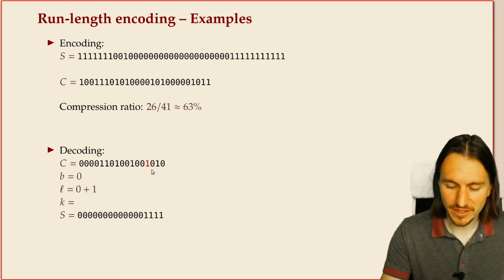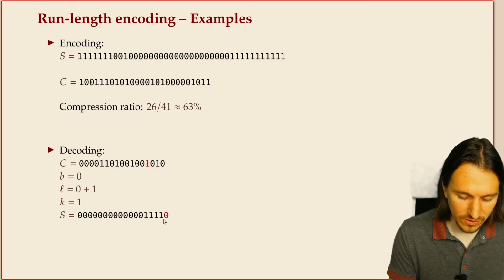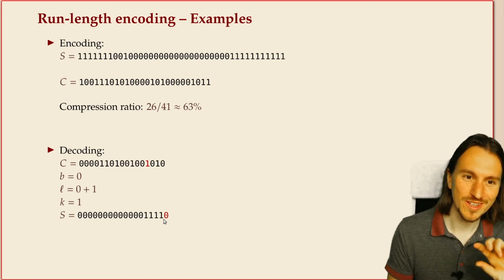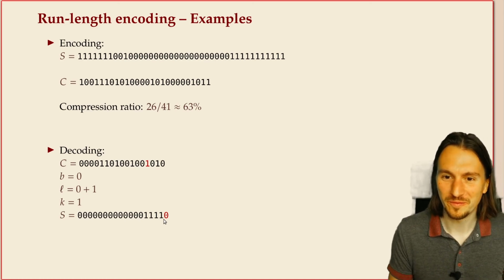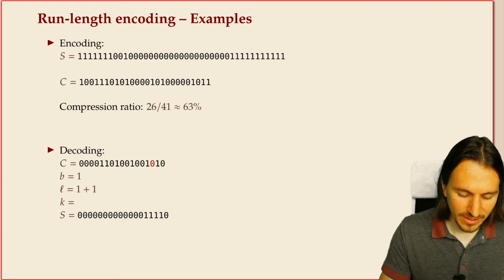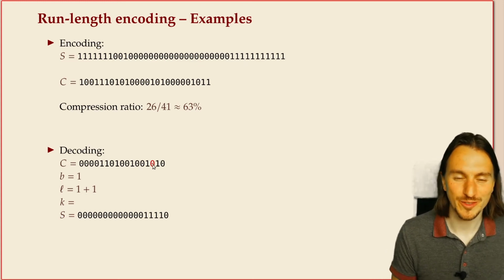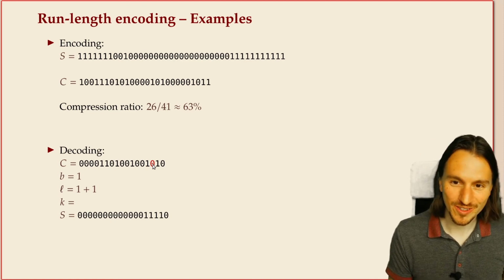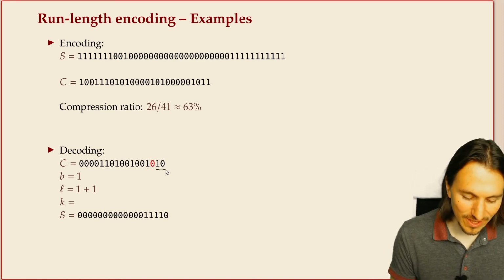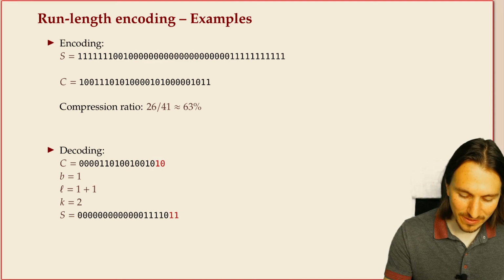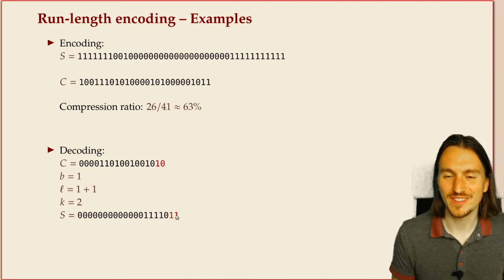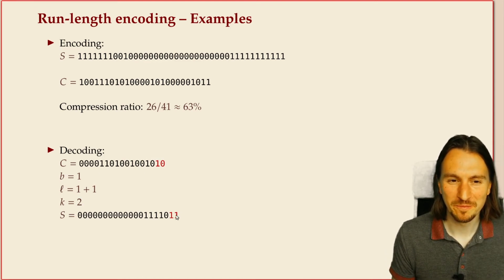So it's 1. The next run length is just a 1. So you append 1 of the next flip bit, which is 0. And one more time. You count the number of zeros. There's 1 zero. So you read the next 2 bits. That's a 2. So you append 2 more ones, and that's it.